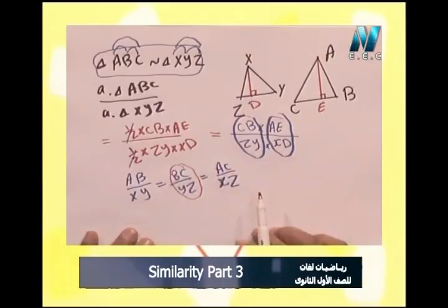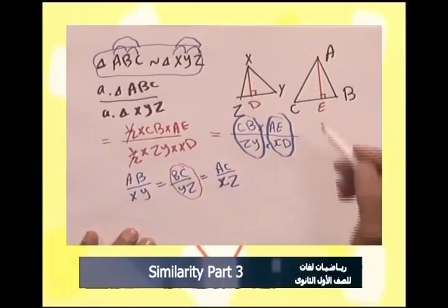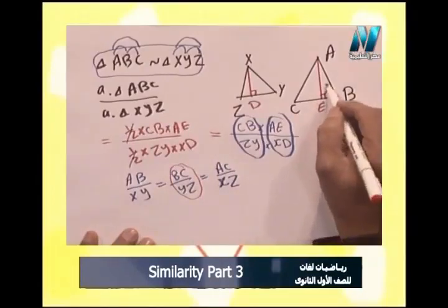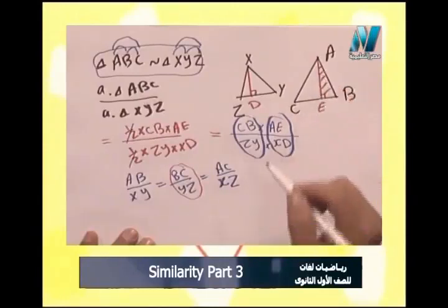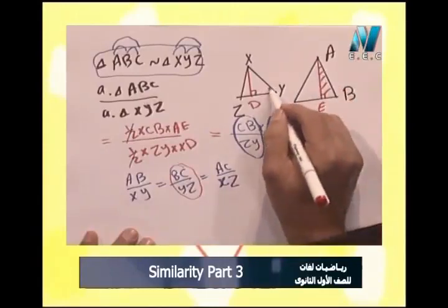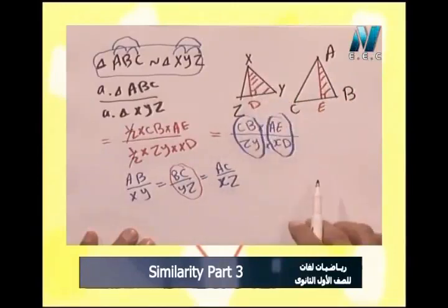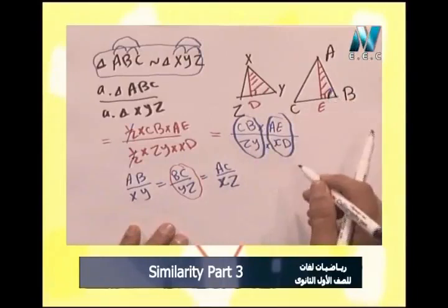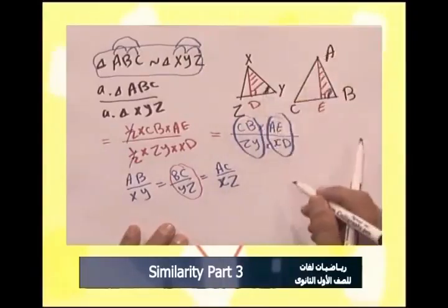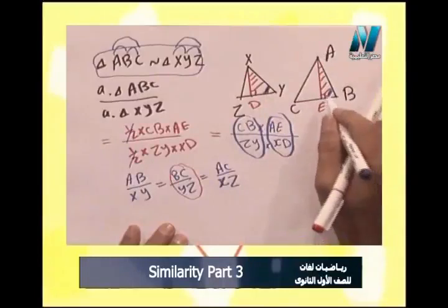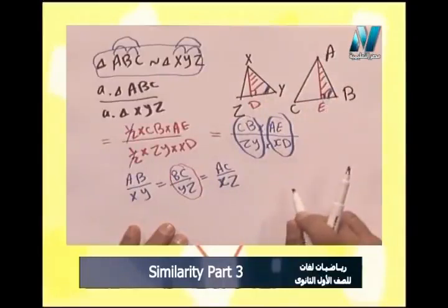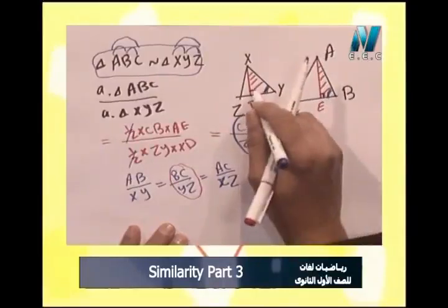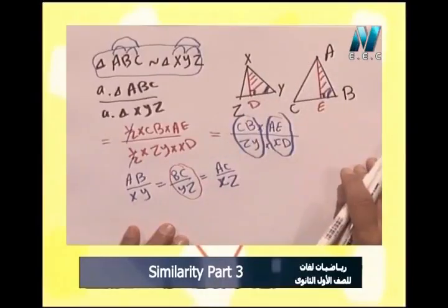Okay? And we will try to prove that the triangle ABE here is similar to triangle XYD. We have here, from the similarity of the first two triangles, we will find out that measure angle B equals measure angle Y. And we have already measure angle AEB equals measure angle XDY.